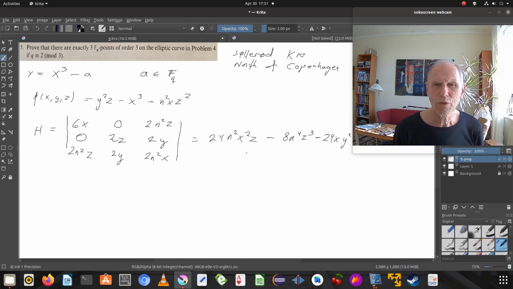And of course we know that the point at infinity is a point of inflection, so it's just set equal to unity. So we only get the affine points. We see y occurs here squared, so we have to use the equation to simplify it, and we can divide by 8, of course.